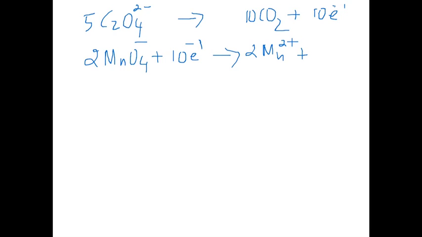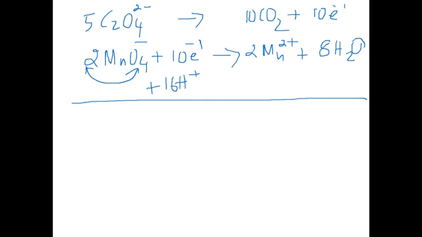We need to balance the oxygen now. 4 times 2, 8 oxygens, therefore 8 H2O, which means we need 16 hydrogen ions. 8 times 2 is 16, so we also have to add plus 16 H positive to balance the hydrogens in the water molecules. Adding the two equations right now should give you a completely balanced equation.